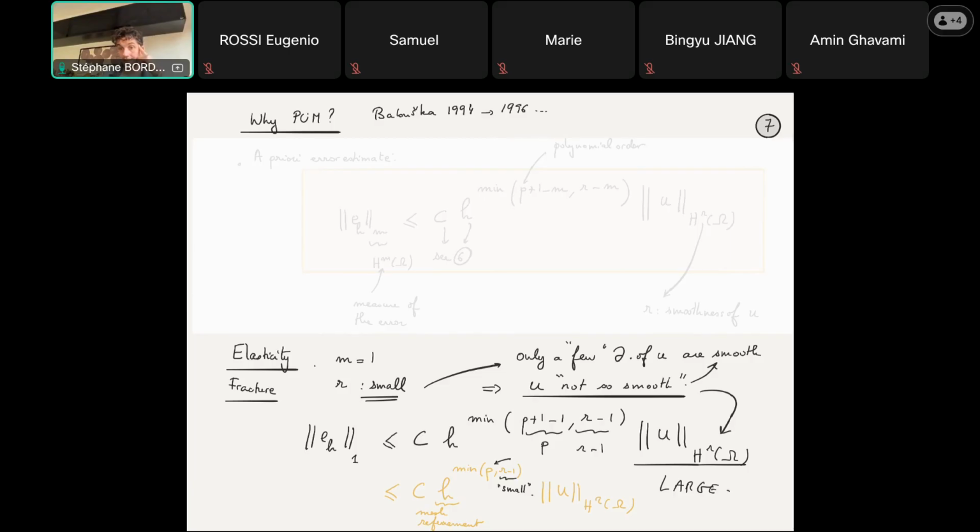And on top of that, if you followed my argument about the H norms, if r is small, the H^r norm is large, because you are going to have a hard time computing the derivatives of u. Understood? The derivatives of u will be very badly behaved.